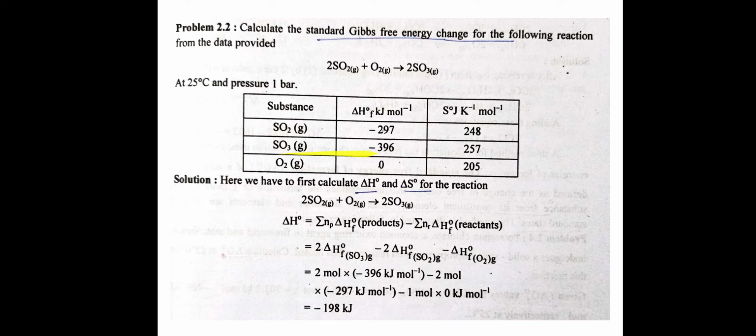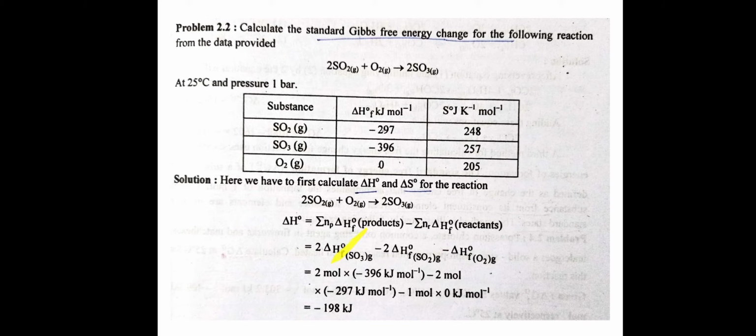So we have to take delta HF0 value of SO3, minus 2 into, in case of our reactants 2 moles of SO2 are there, therefore 2 into delta HF0 of SO2 gas, minus, there is only 1 mole of oxygen, so due to this minus sign, here also comes a minus sign, so delta HF0 of oxygen gas.